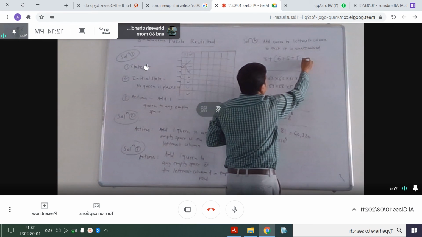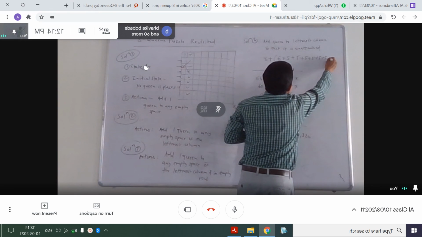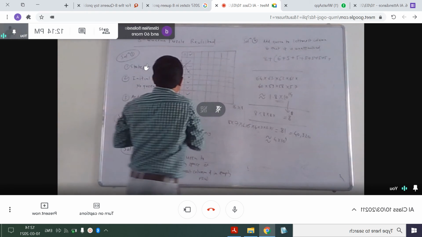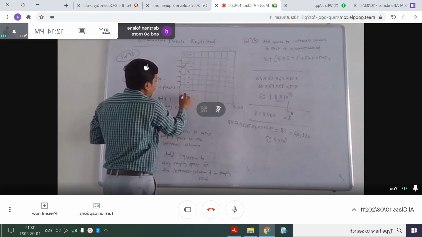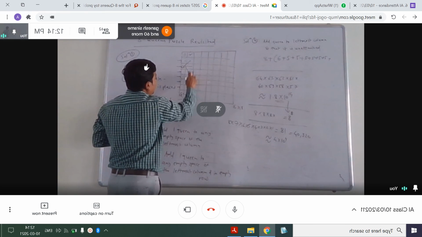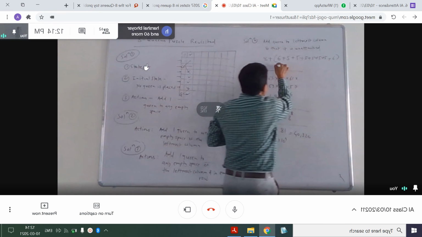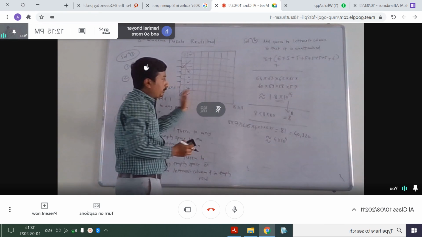So 6 times 5 will come. And for the last place, the queen here can attack row wise and diagonal, and we have 6 places. In this way you have to proceed.